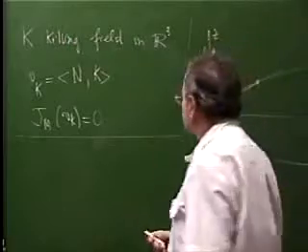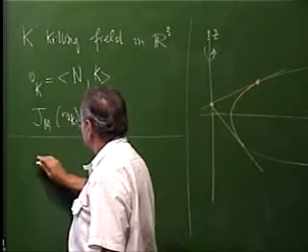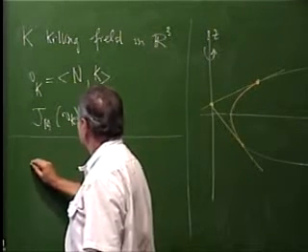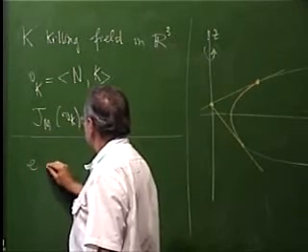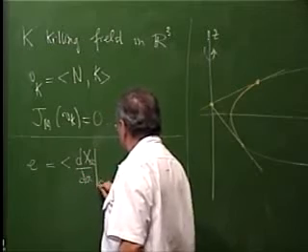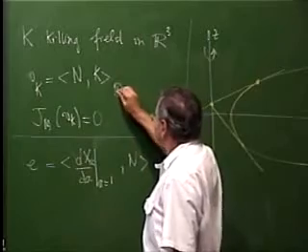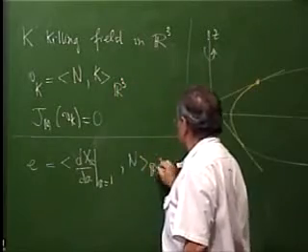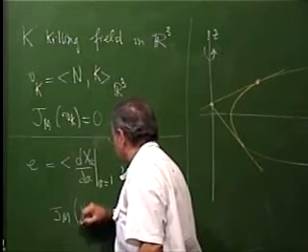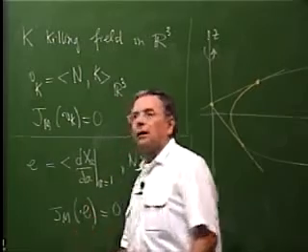Okay, so what I claim is that if I take this one, E, the variation of the family, scalar product with N, again, this is a Jacobi field.